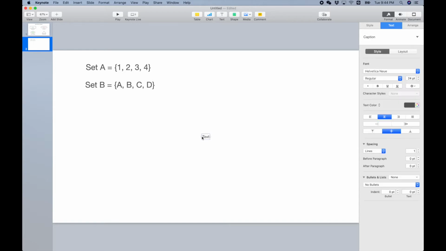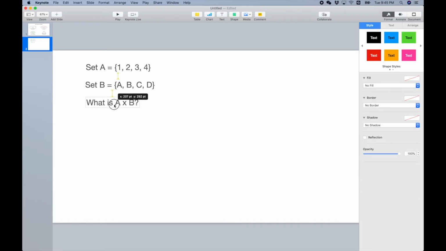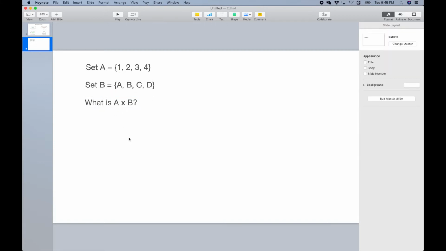We use this X to denote A times B. If we have learned this from discrete mathematics, we should know that A times B equals all the potential combination pairs of the elements from the two sets.